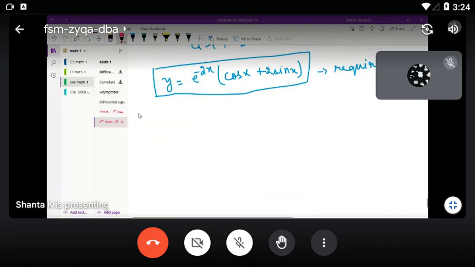So let us do some more examples. Find the solution of the differential equation.